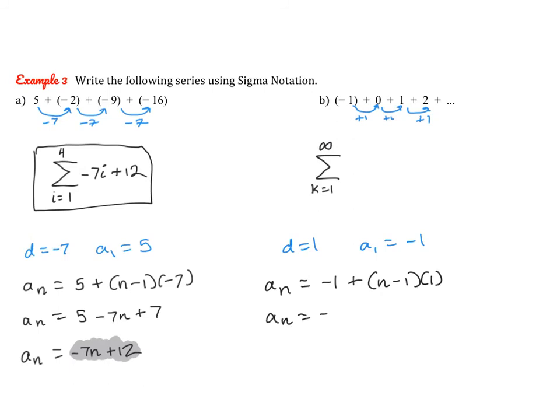So this gives us -1 plus n minus 1, so a sub n is n minus 2. So we're going to take this rule and write it here, except since we're using k as our variable, in this case we'll say k minus 2. So this is how you would represent the series that you see here in sigma notation.